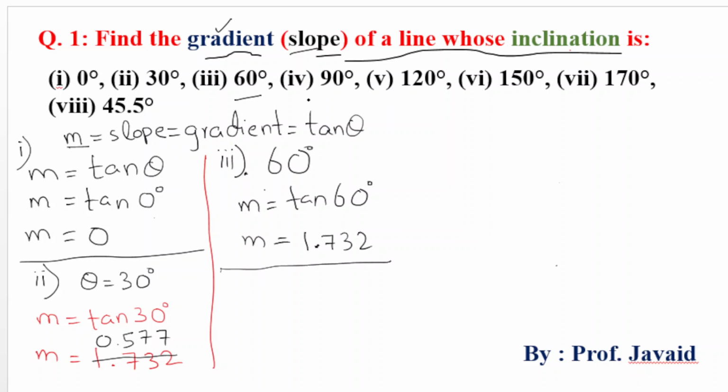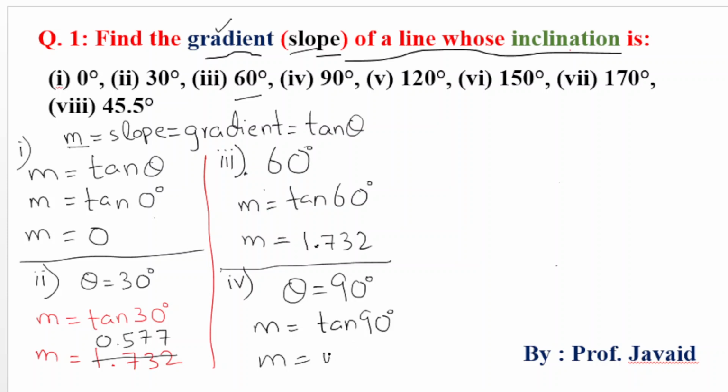Now let's move toward the next part. So that is the fourth part. The fourth part is theta is equal to 90 degree. As we know, m is equal to tan 90. And we know that the calculator will never give you an answer for tan 90. It means that it is not defined.